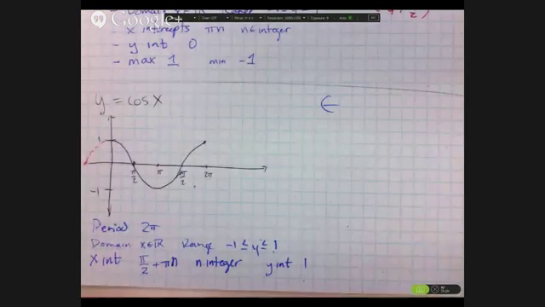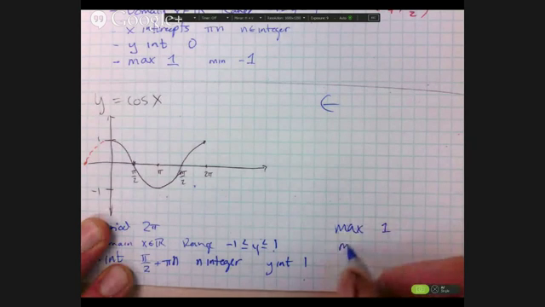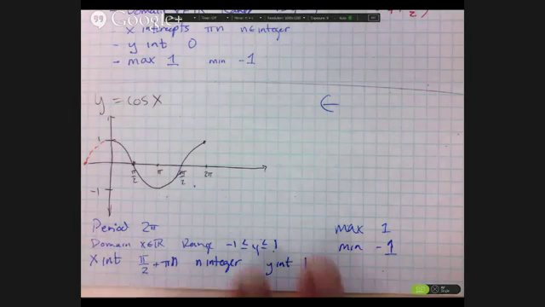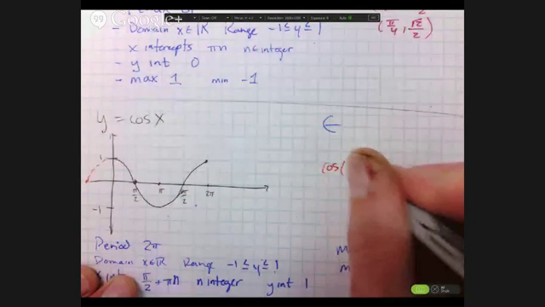Okay. The maximum value? 1, and the min? -1. Right. So you can see the similarities between sine and cosine, right? The period's the same, domain and range are the same, the max and the min are same. You just have some different x-intercepts and y-intercepts. So, what is the cosine of pi?